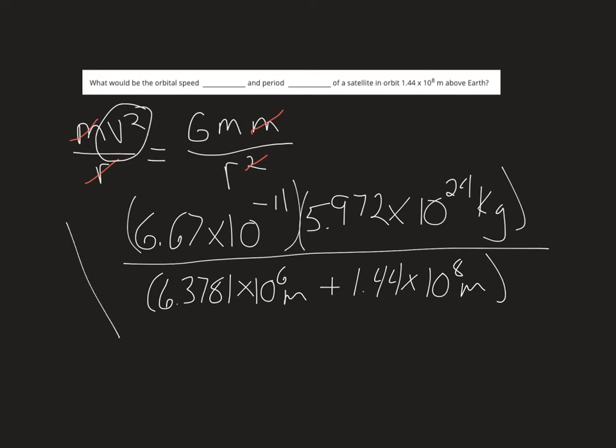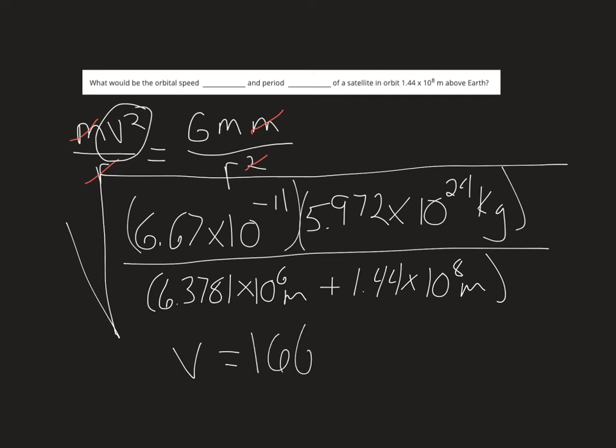Then we take the square root of that entire thing. When I plug that all in, I get v equals 1,660, because we can only have 3 sig figs, meters per second. So it's really cruising to prevent it from crashing into the Earth.